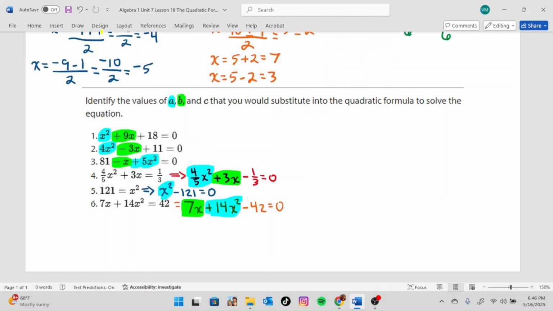And lastly, we need to identify the C term, the constant. Again, it does not matter what order they're in. It only matters that it is the constant. And I'm highlighting these in yellow.